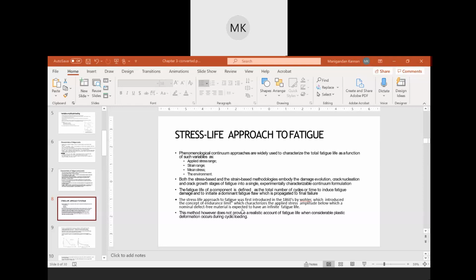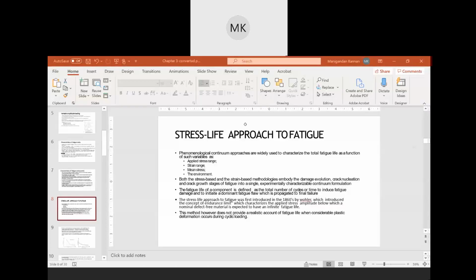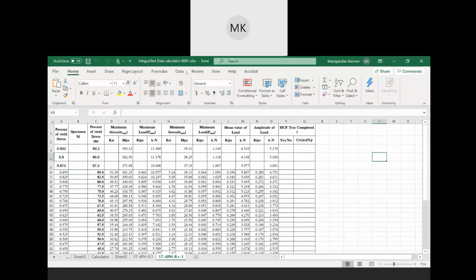It's just a fatigue test data point. So this is a fatigue test sheet that I make for every material that I ever test.